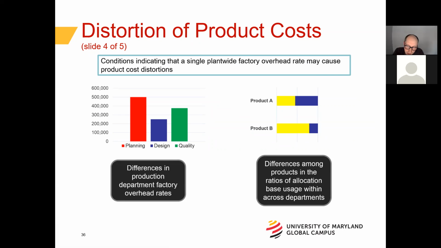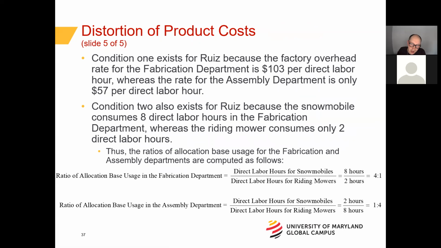The differences also cause issues within the ratios, and that's the perplexing part about distortion. So how do we allocate this using a ratio? You might ask. Sometimes you might not ask.